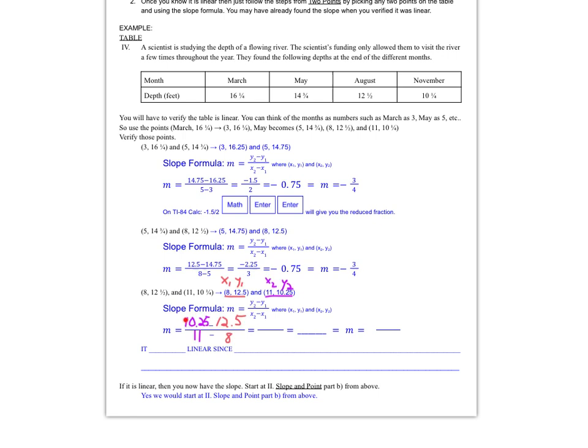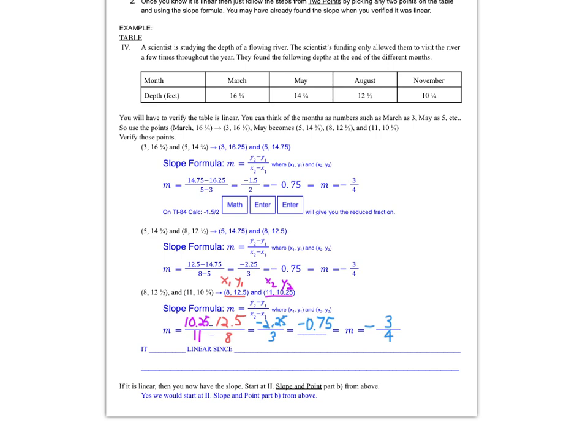First we have 10.25 minus 12.5 over 11 minus 8. That gives me negative 2.25 over 3, just like the previous one, where that means it's going to be the same. As a decimal, we get negative 0.75, or as a fraction, negative 3/4. Notice the relationship between all three of them is exactly negative 3 over 4.